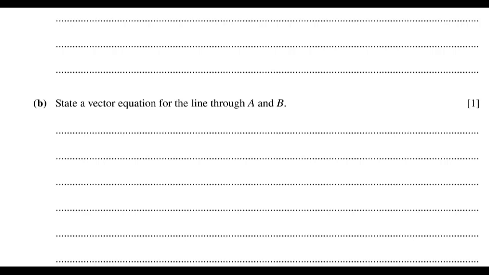In the second part, state a vector equation for the line through A and B. The equation of a line is always r equals a point on the line plus lambda, or let's say t, times a parallel vector. Since it is passing through A and B, we can take A as the point on the line and AB as the direction vector.